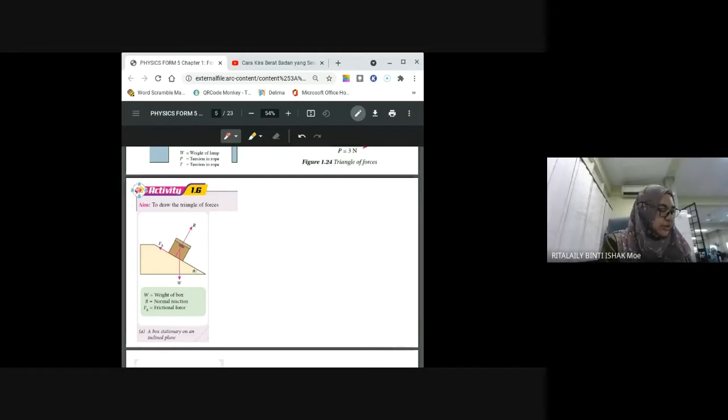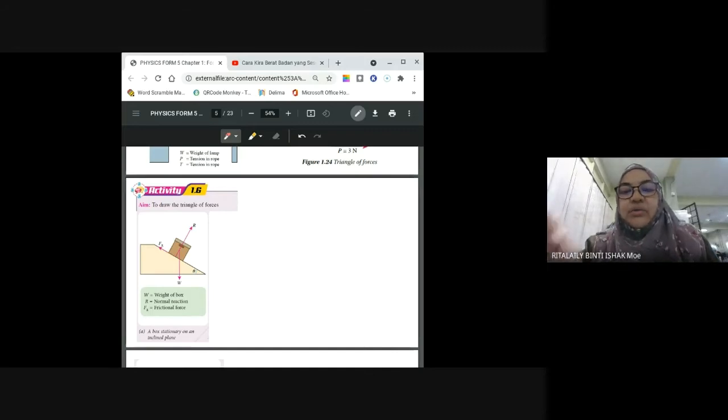If you look at the textbook, it is page 19. Okay, page 19. Draw the triangle of force. We are given a stationary box on an inclined plane. Okay, so when the object is stationary, it shows that the object is in force equilibrium. Therefore, the direction of all the three forces in a triangle should be in a circle.